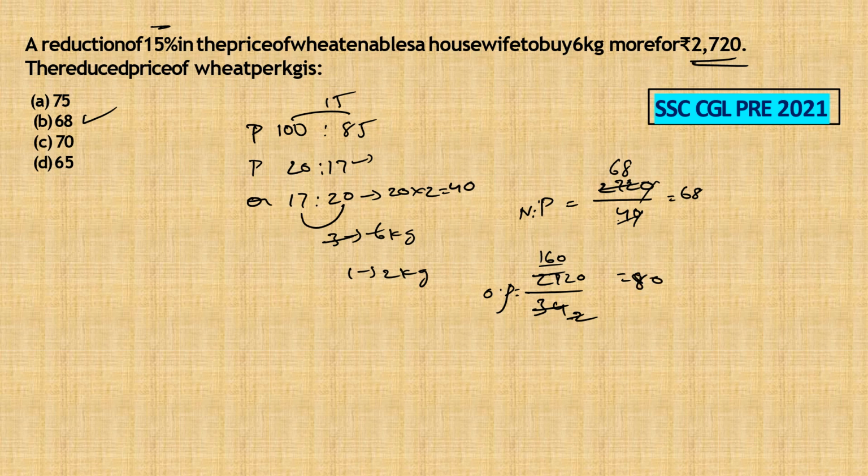It reduced by 15%. You can also see here how it is reduced: 15% reduced means 85% of 80, that is 4 17s are 68. Okay.